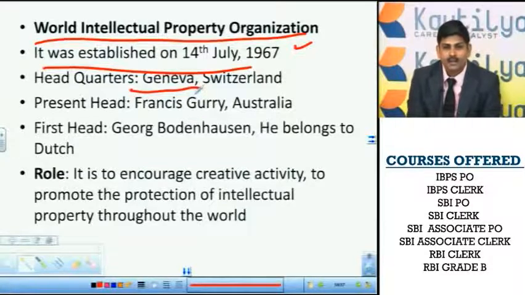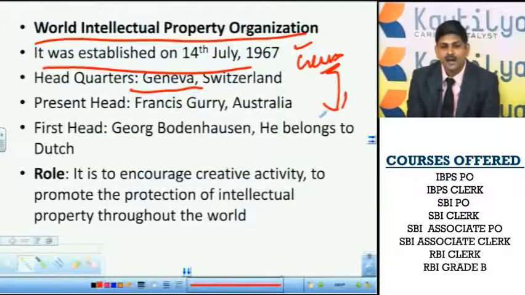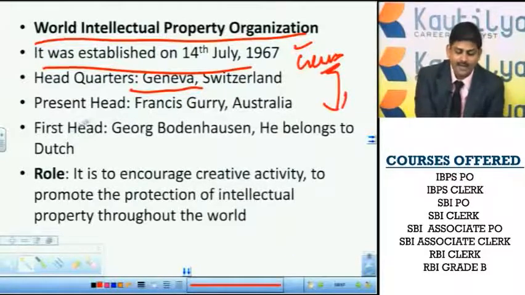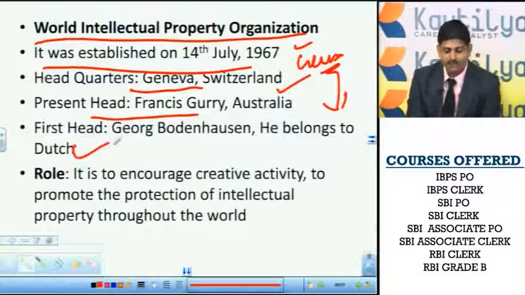So as an aspirant, you need to take Geneva and find out which organizations are based in this particular city. Its present head is the Australian Francis Gurry, and the first head was a Dutch person.